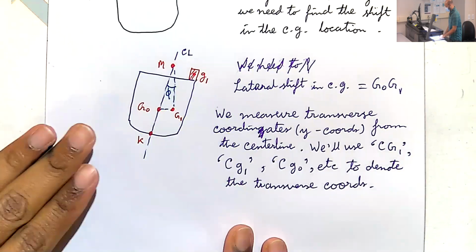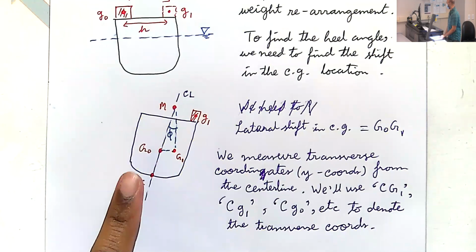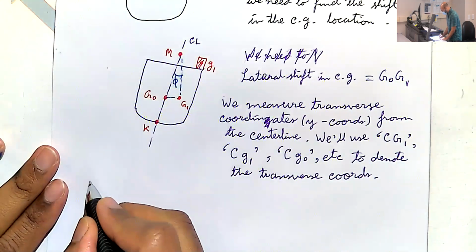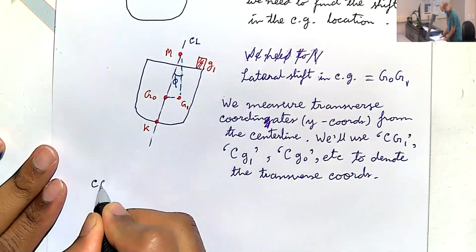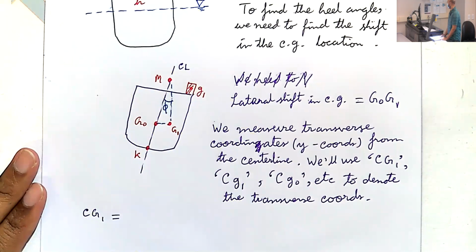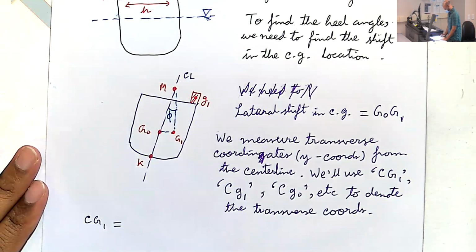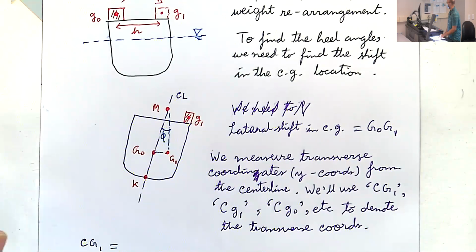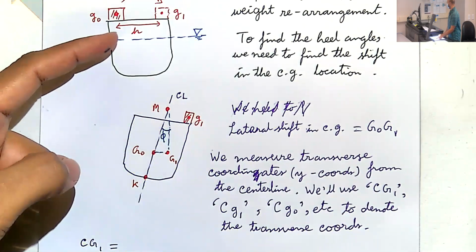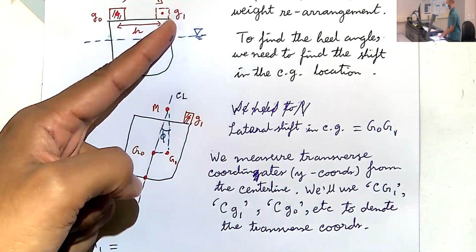All right, so can you think of how we should set this up? What we need is CG1. How should we write this? Is equal to what? Think about composite mass. What have you done? You've subtracted mass from the left edge, added mass on the right edge.